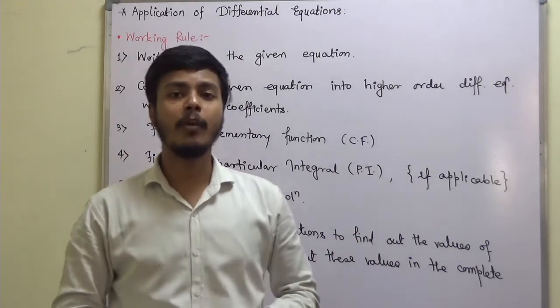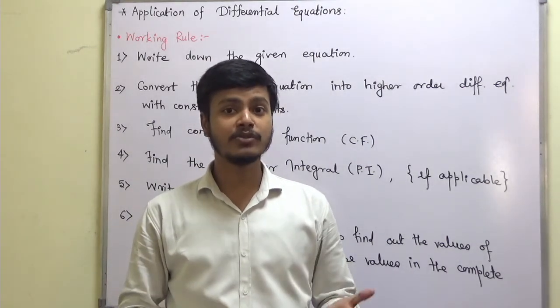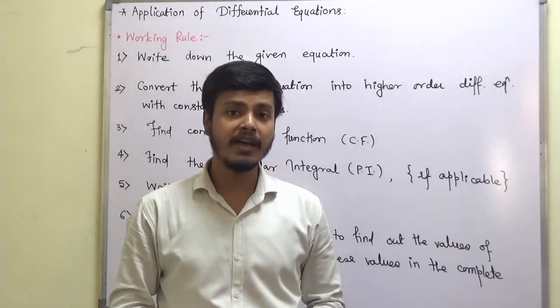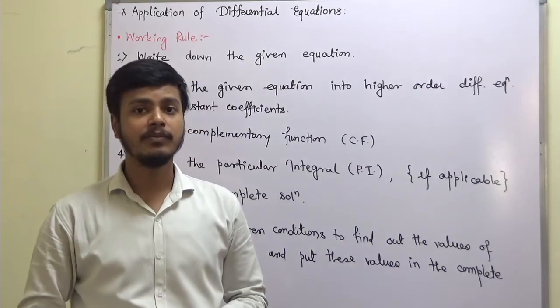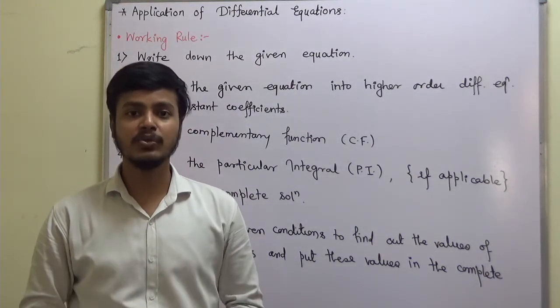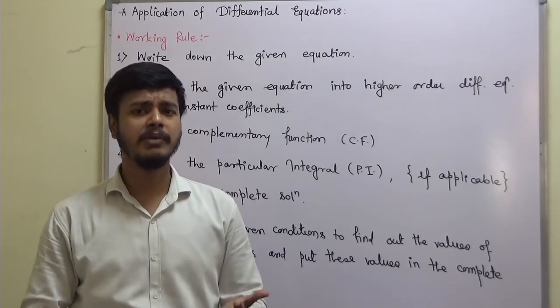After finding the complementary function, you have to find PI, and we have 5-6 different rules for finding PI. So apply the appropriate rule to get the proper PI, and once you get it, write down the general solution CF plus PI. Sometimes it's called general solution or complete solution.